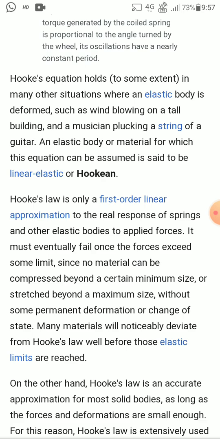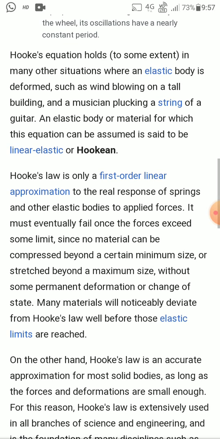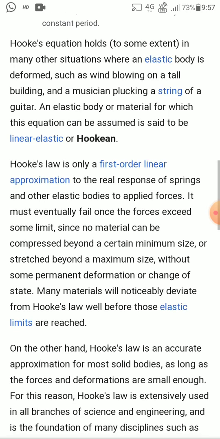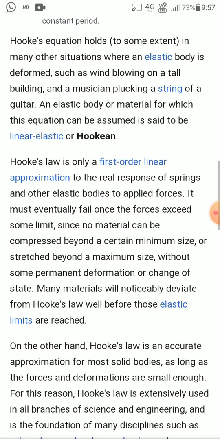Hooke's law is only a first order linear approximation to the real response of springs and other elastic bodies to applied force. It must eventually fail once the force exceeds some limit, since no material can be compressed beyond a certain minimum size, or stretched beyond a maximum size, without some permanent deformation or change of state.